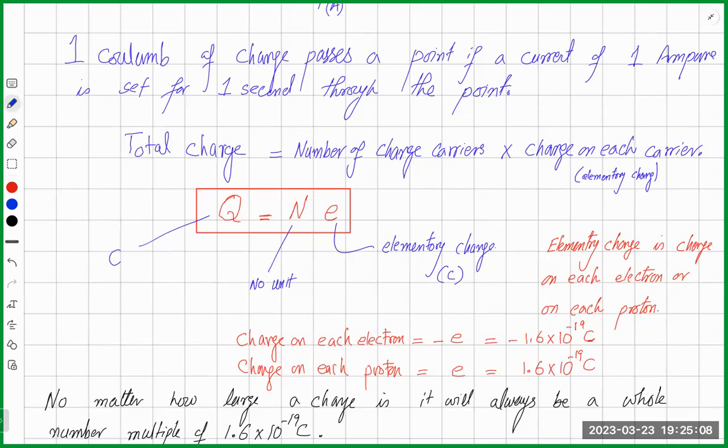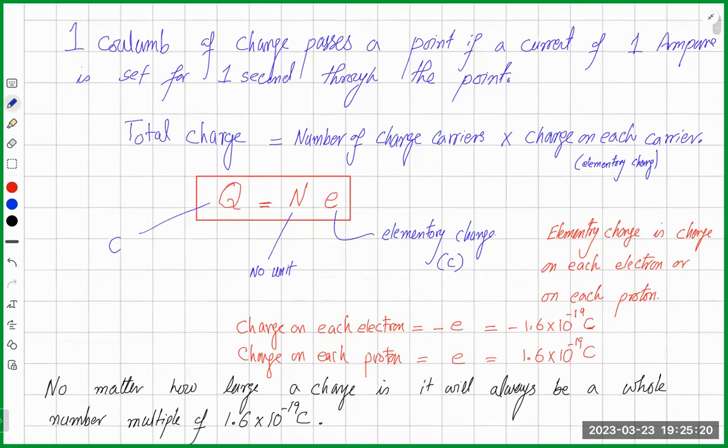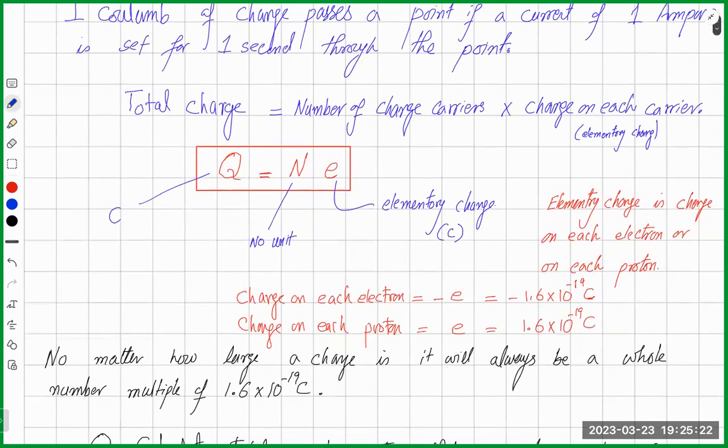Charge on a proton is plus e, meaning plus 1.6 into 10 to the power minus 19 coulomb. No matter how large or small the charge is, it is always a multiple of 1.6 into 10 to the power minus 19 coulomb, at least for your IGCSE. Okay.